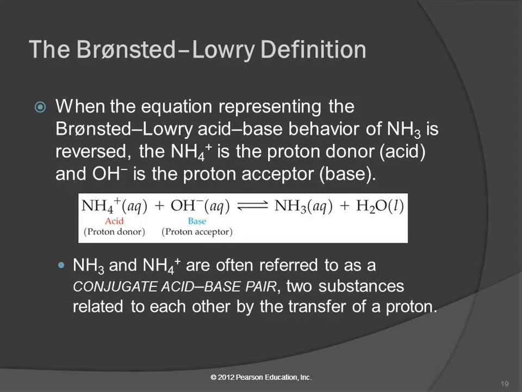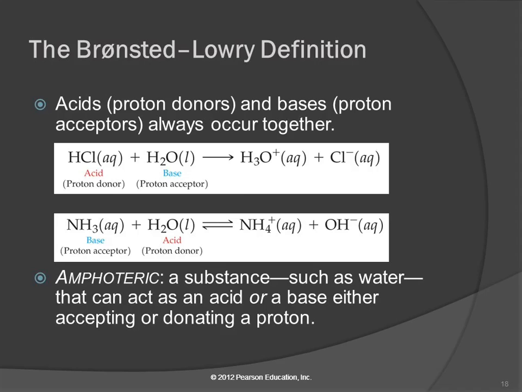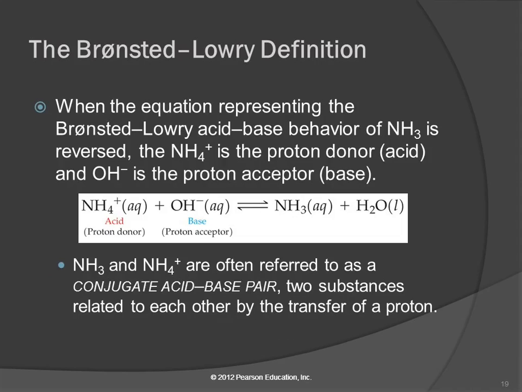What if we take this equation, and this is an equilibrium, and we're just going to flip it around. So we're going to write the NH4 and we're going to write the products of the previous example as reactants, and then the reactants as products. And so essentially we're looking at the reaction going the opposite way.